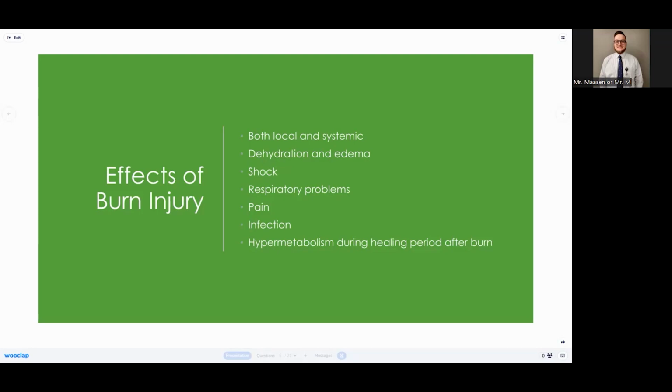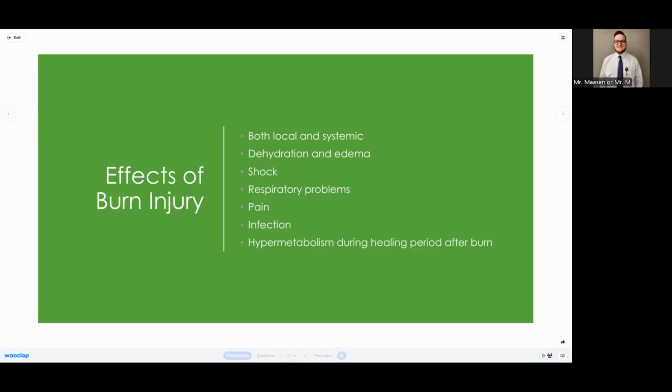There's the kind of dehydration, and fluid's going to shift into other spaces like interstitial space. There's the edema, and because we have decreasing blood volume, it's more difficult for the body to maintain this blood volume, and these large shifts of fluid and proteins cause the edema. This could lead to kidney failure because they're not having enough blood flow, and damage to other organs.